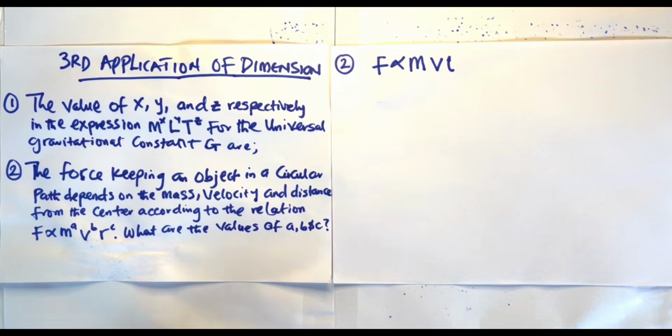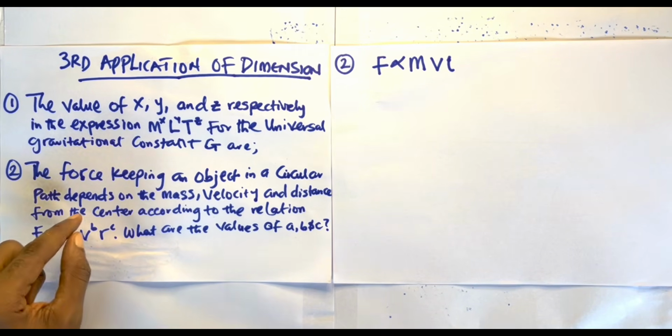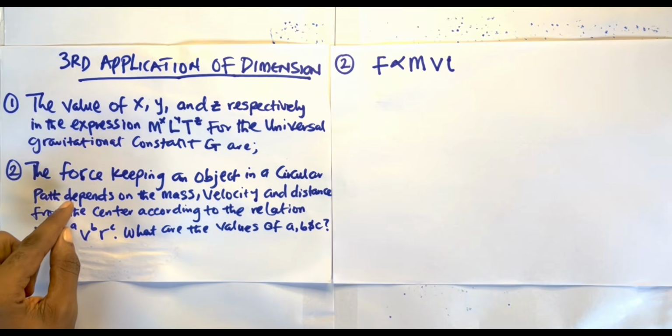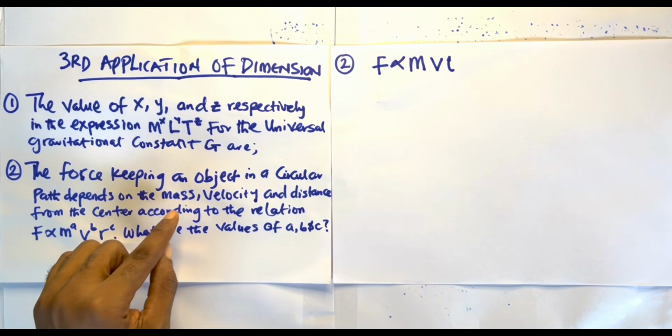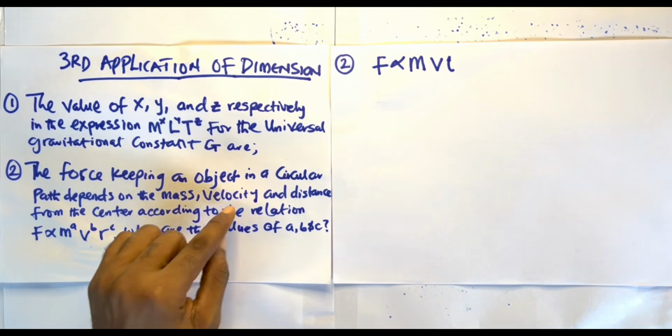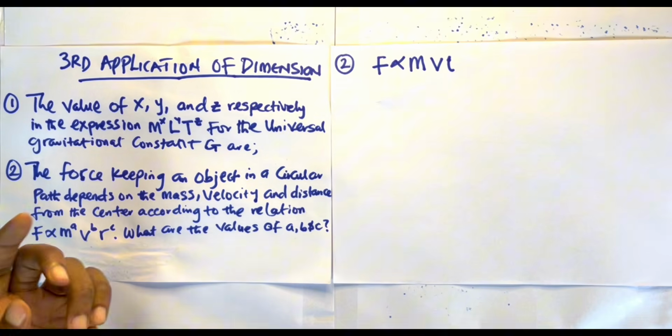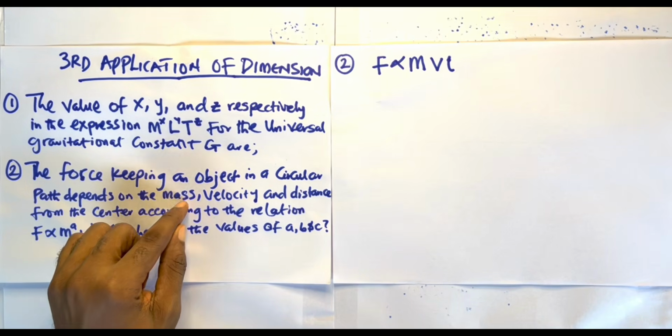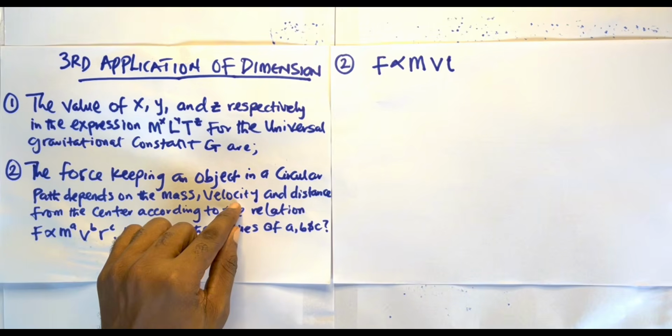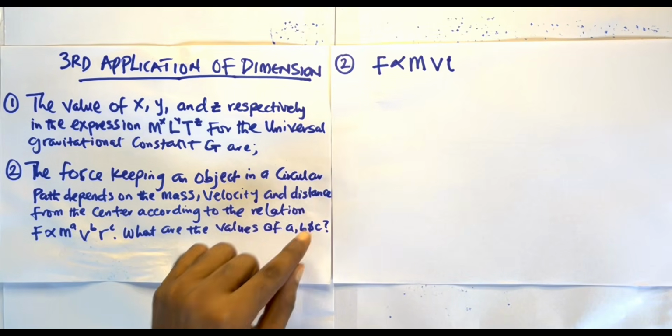Now, since they have formed the equation for us, it will be easier for us to solve. But in a situation where they don't form the equation for you, just know that when the force is depending on the mass or any quantity that was here: mass, velocity, and distance. Let me say for some of them, it might have density, acceleration due to gravity, and surface tension.